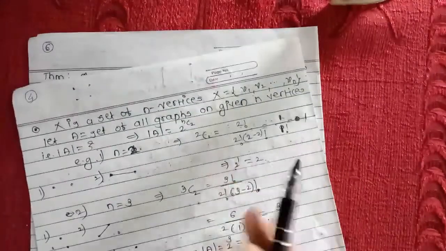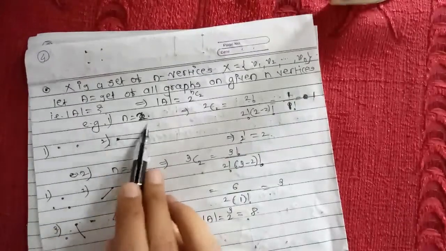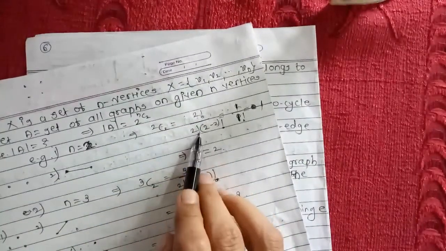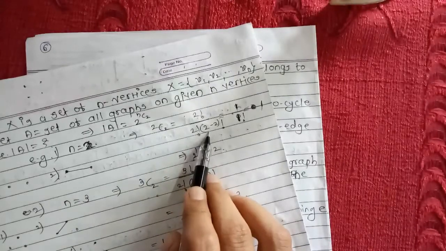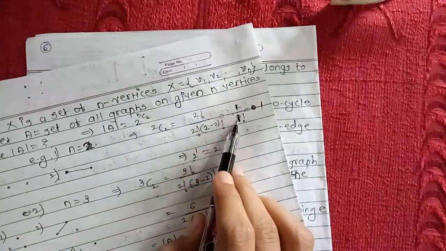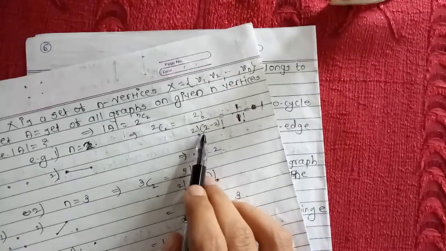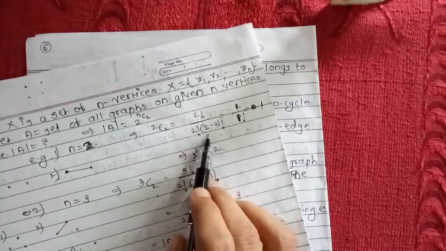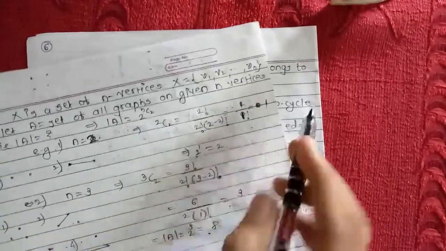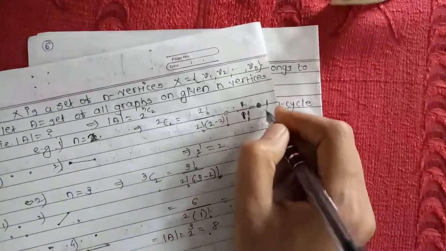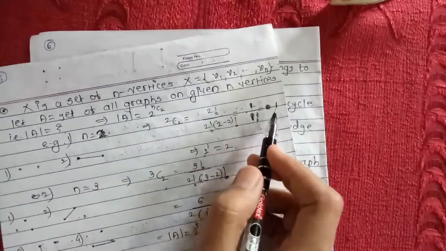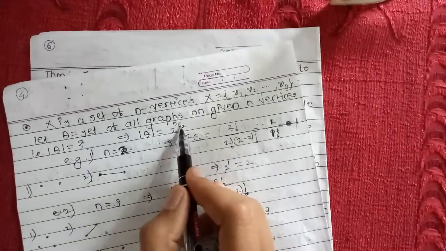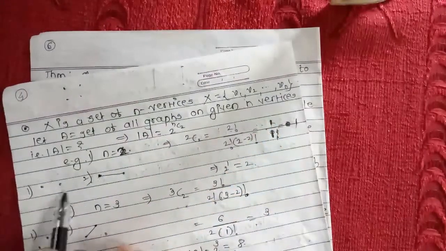Here we check for n equal to 2. 2 choose 2 is equal to 2 factorial upon 2 factorial into (2 minus 2) factorial, which is 1, because 2 minus 2 is 0, and 0 factorial means 1. Then 2 raised to 1 is 2. Therefore, we can draw only 2 graphs.